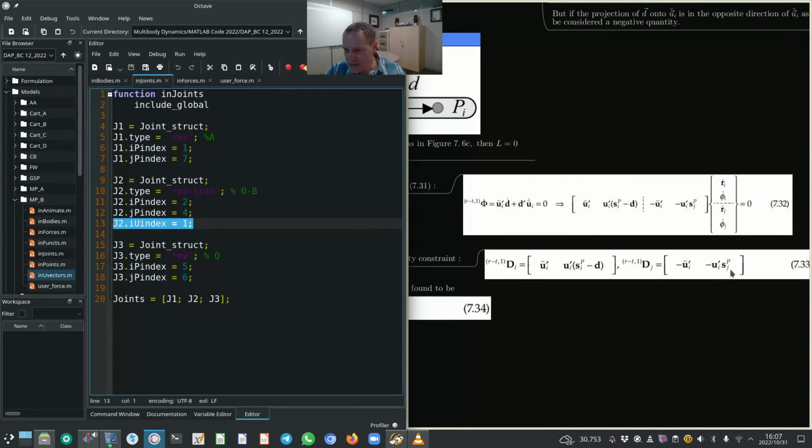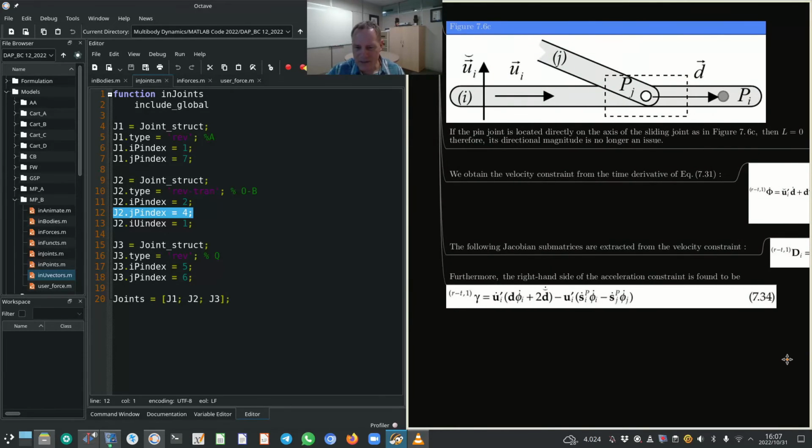And SPJ, apart from the unit vector on body I, we have that as well. So very simple.